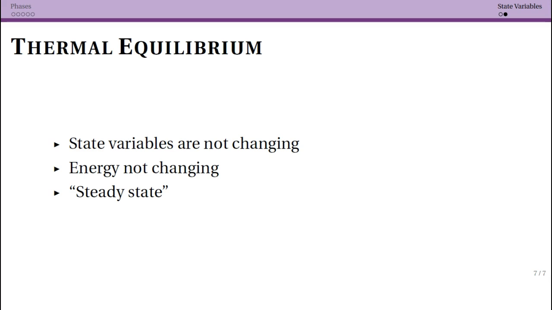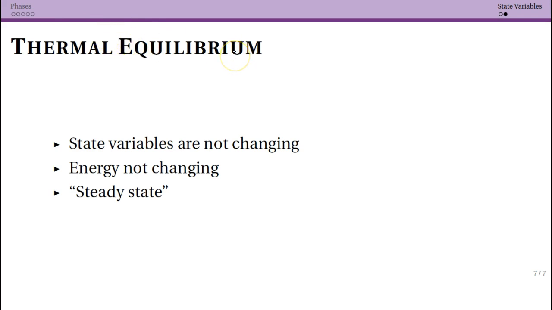Lastly, an important definition is the idea of thermal equilibrium. This is a situation where your state variables are not changing. So you have a gas that is of a fixed density, fixed pressure, fixed volume, fixed thermal energy, temperature, and so on. Now, it's not necessarily changing because you're somehow holding it there, but it's just happily in equilibrium.